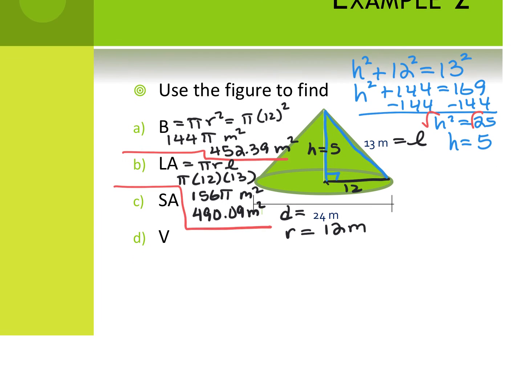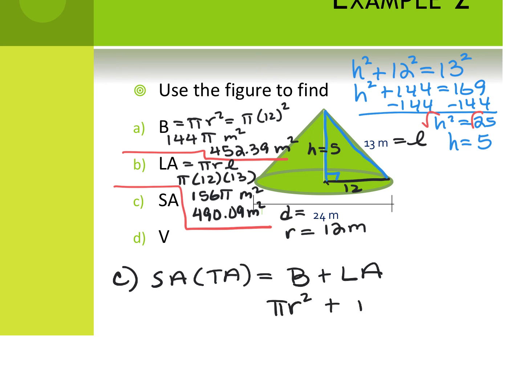For part C, for the surface area, again, remember it might also be referred to as total area. B plus the lateral area. And again, the area of the base was pi r squared. Lateral area is pi r l. But we've already calculated the base and the lateral area.